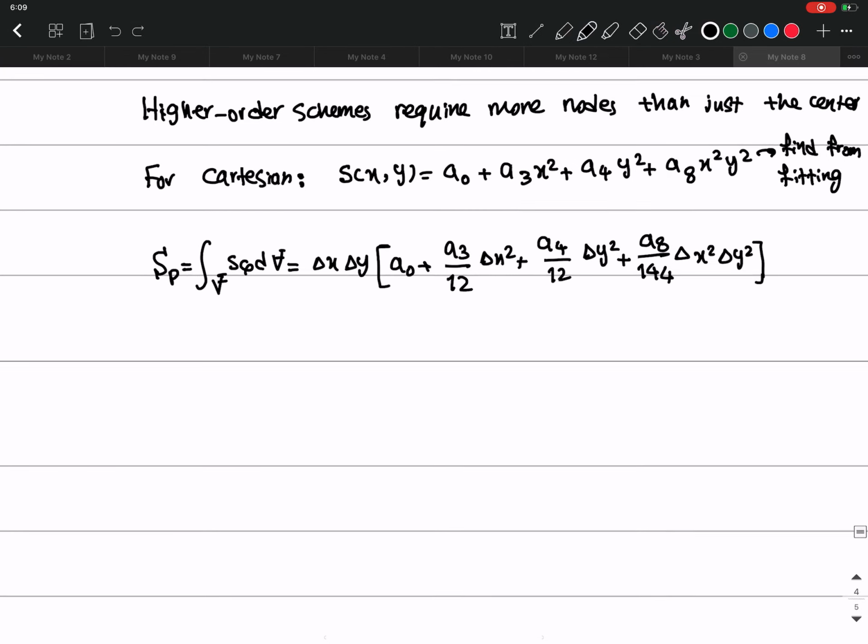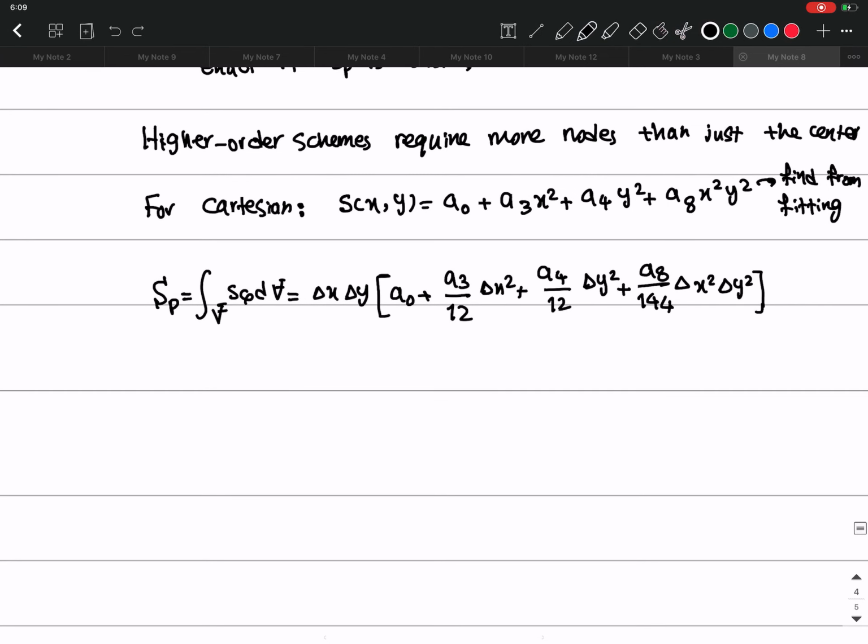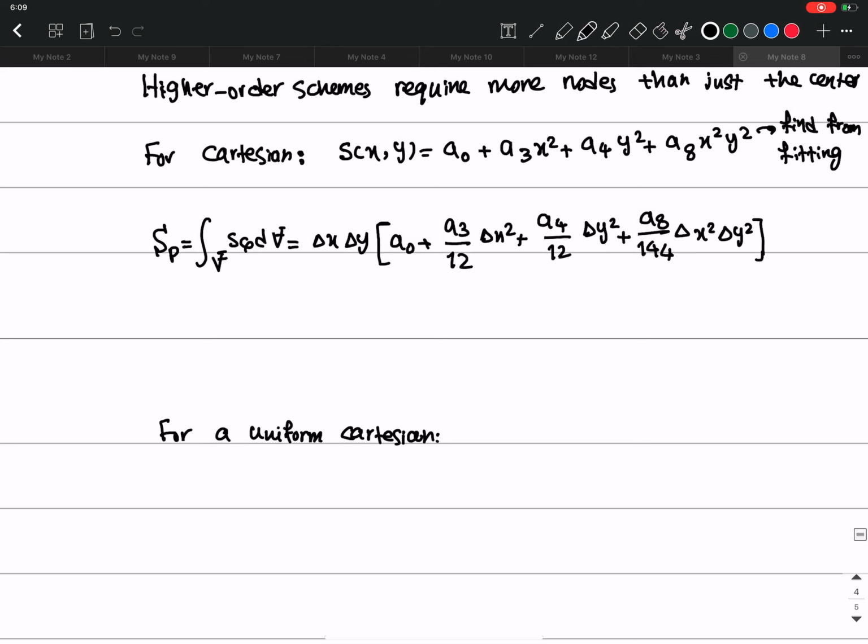So I want to write a simpler form of that. For a uniform Cartesian grid, this becomes a fourth order method. And then this is going to be the integral.